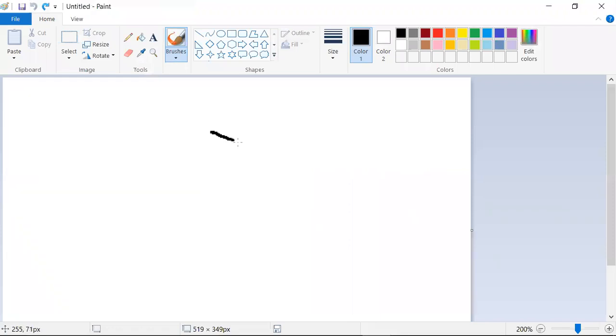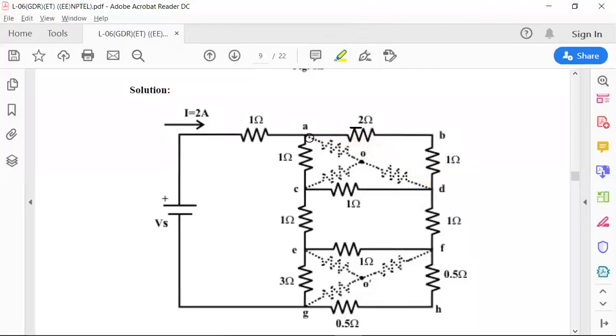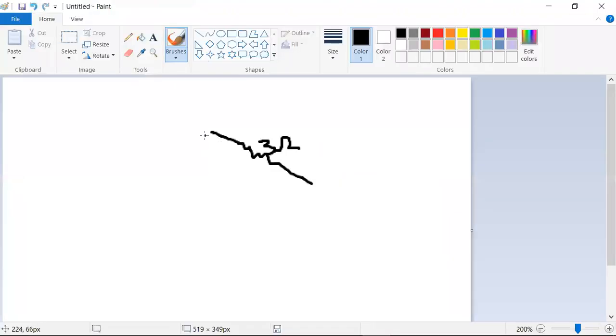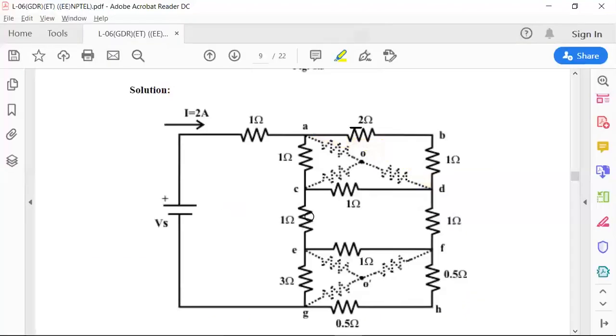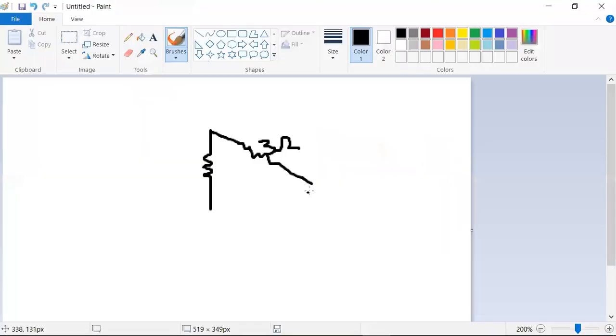Then it will become 3 ohms. The existing resistance is 1 ohm, and this is also 1 ohm. This is 3 ohms, this is 1 ohm, this is 1 ohm.